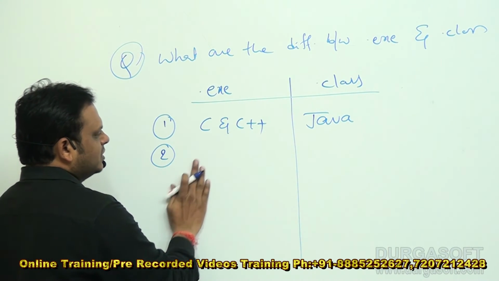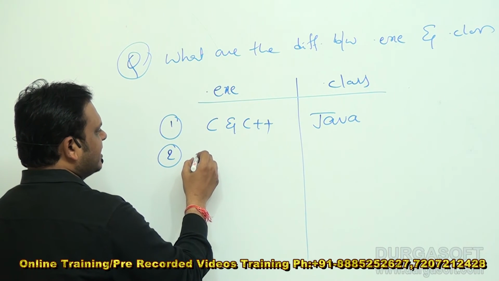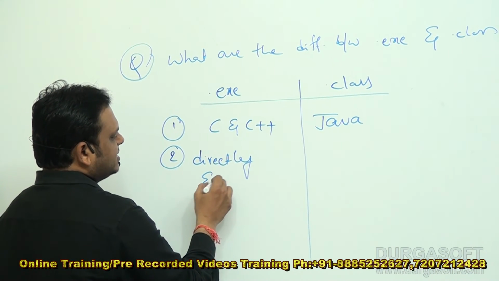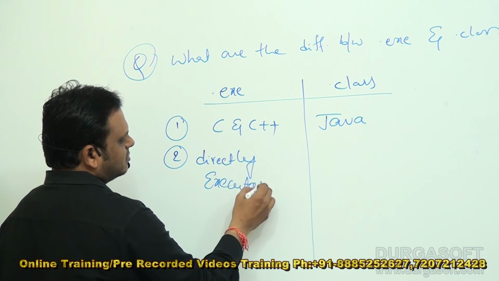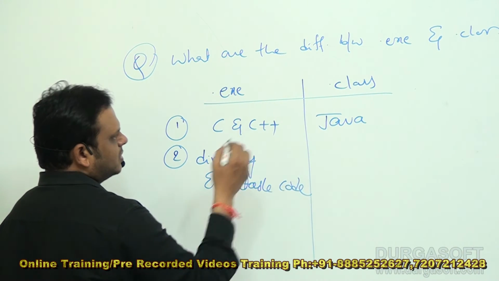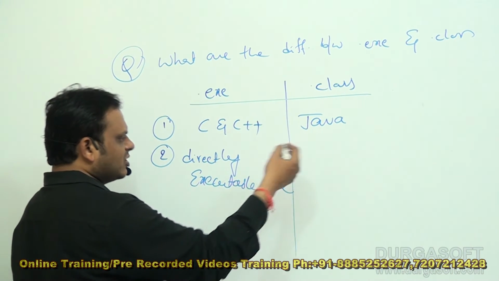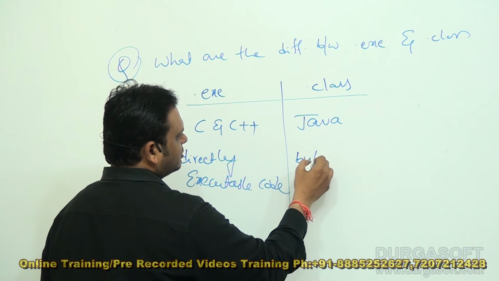Difference number 2. The .exe file contains directly executable code, but a .class file contains bytecode.